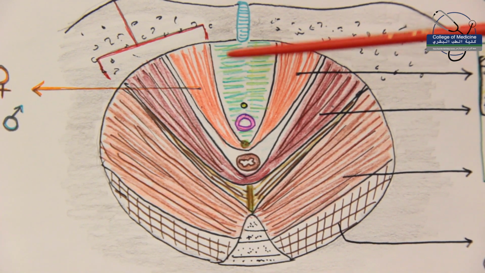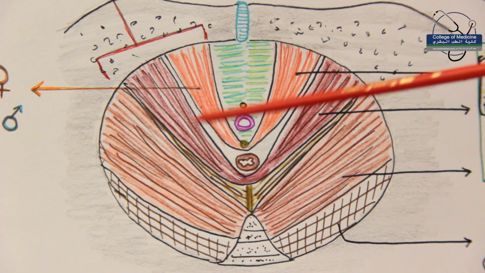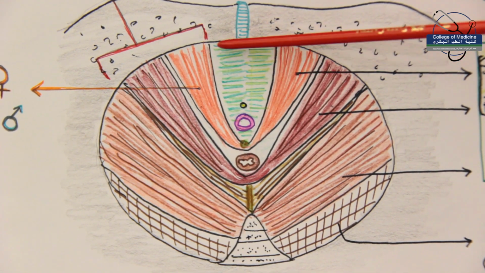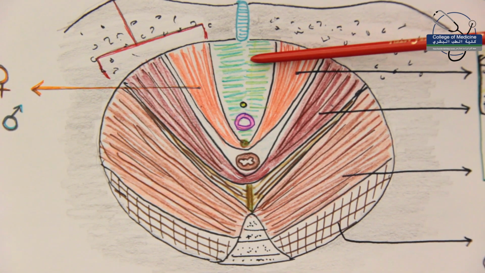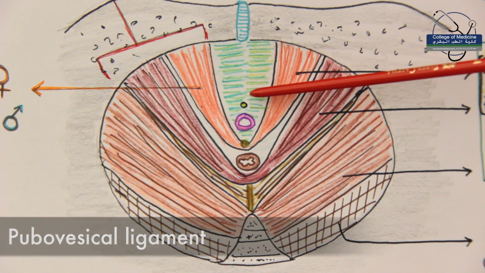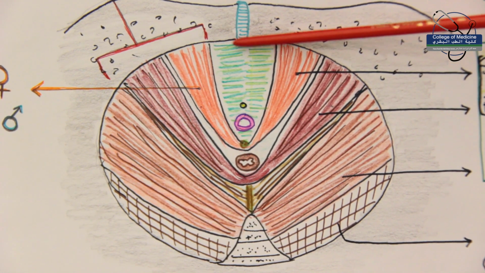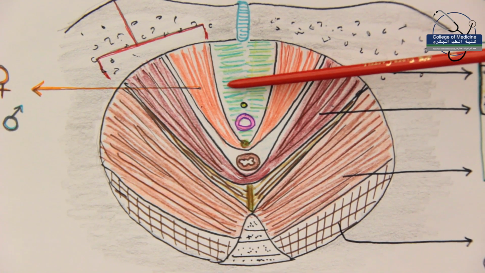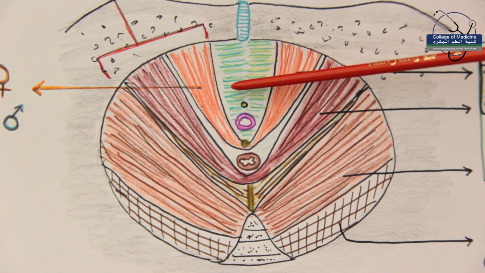Those are the thickenings of the pelvic fascia, which we'll be talking about very soon. So these ligaments, if it is in female, are known as the pubovesical ligament, because they would be between the pubic bone and the vesicle, which refers to the urinary bladder.